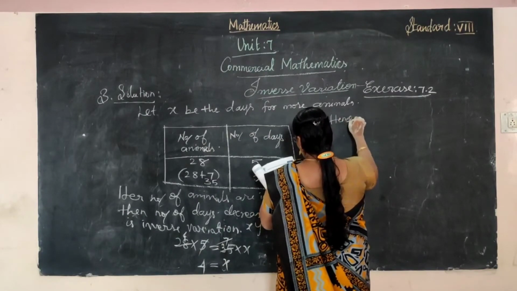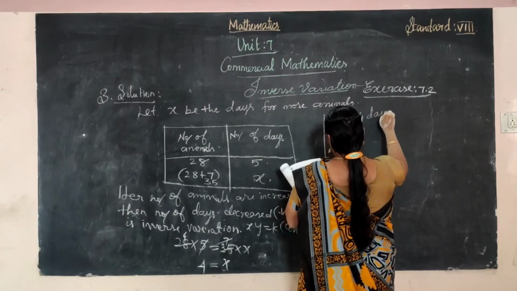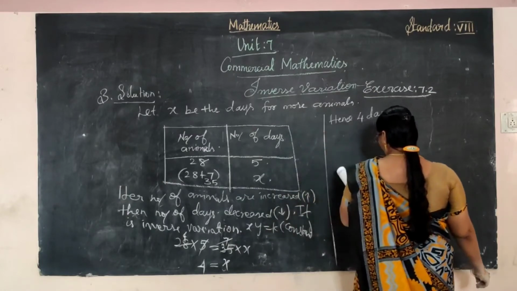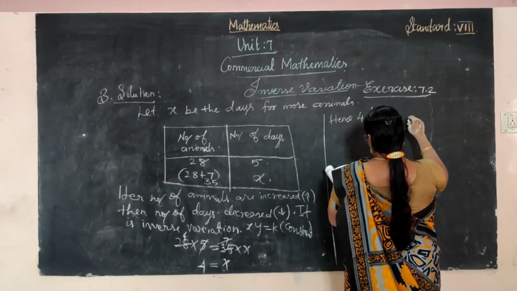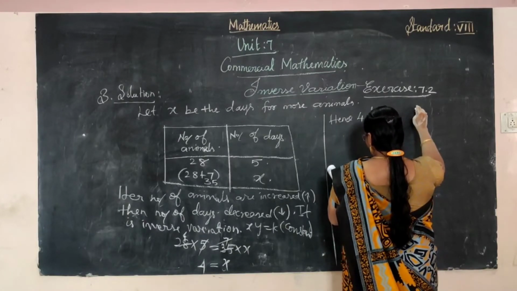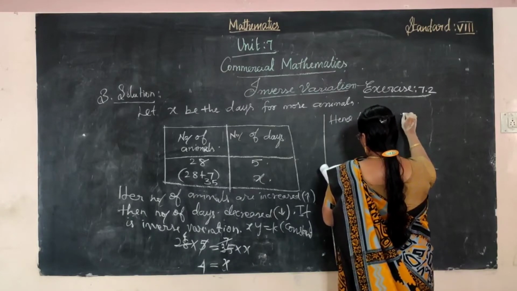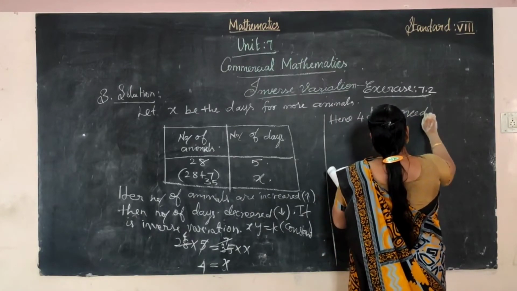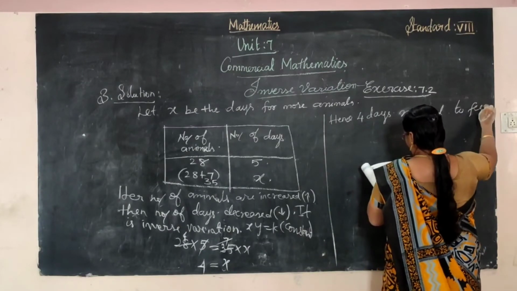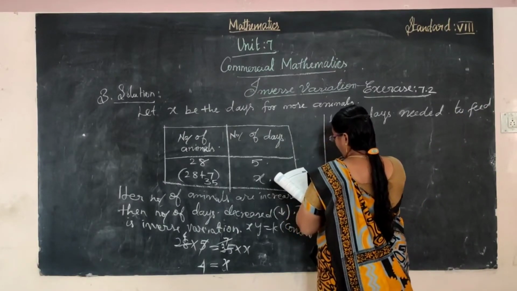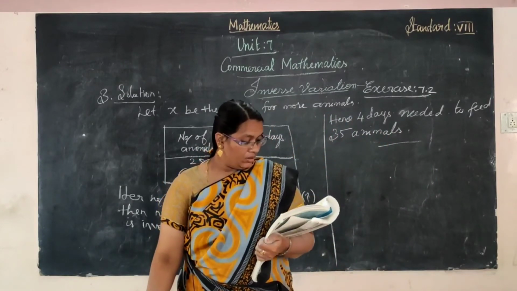Hence 4 days are needed to feed 35 animals.